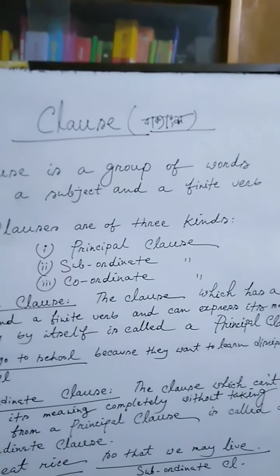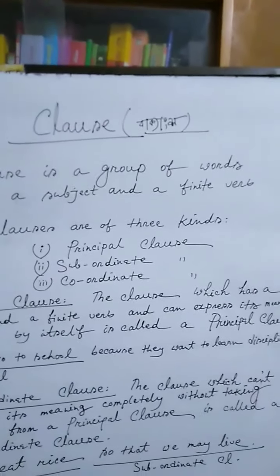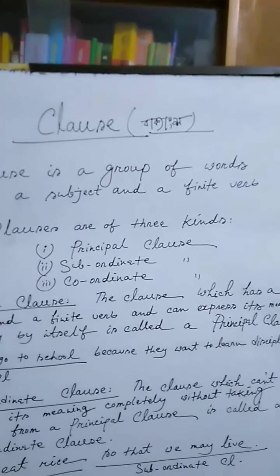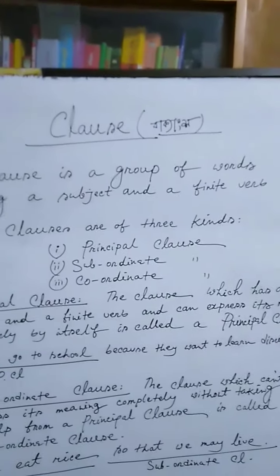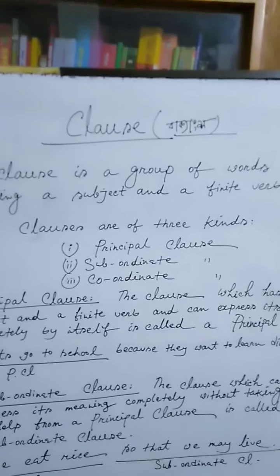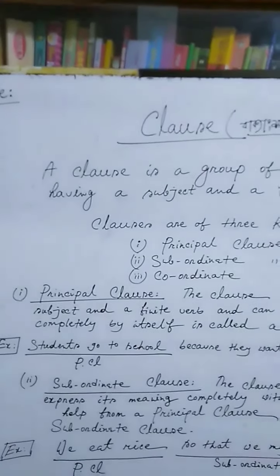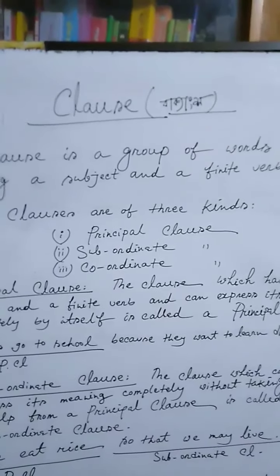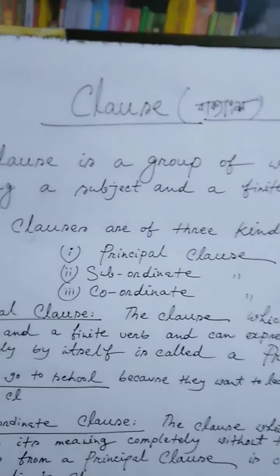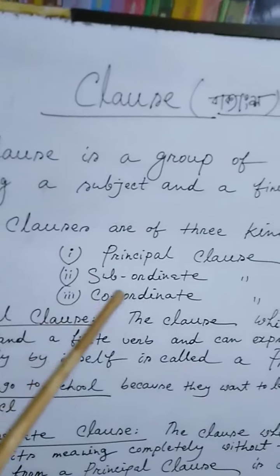A finite verb is a verb which is limited by the person and number of the subject, and it changes its form according to the tense and the subject. So now we will see clauses are of three kinds: principal clause, subordinate clause, and coordinate clause.